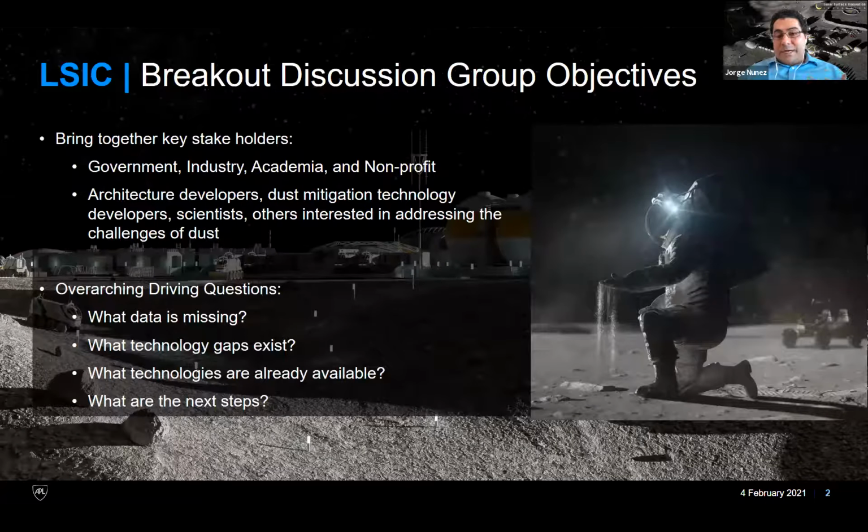We especially want to capture the next steps: here are the gaps that remain, here are the next steps, whether it's additional funding or additional demonstrations. We want to hear about that.